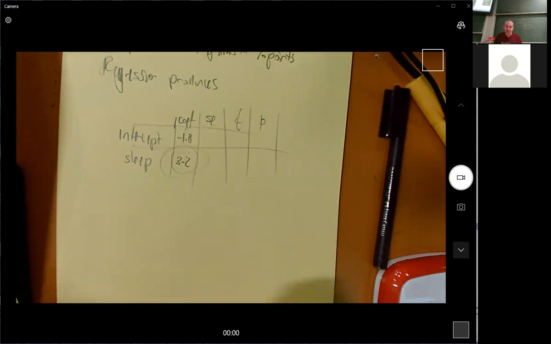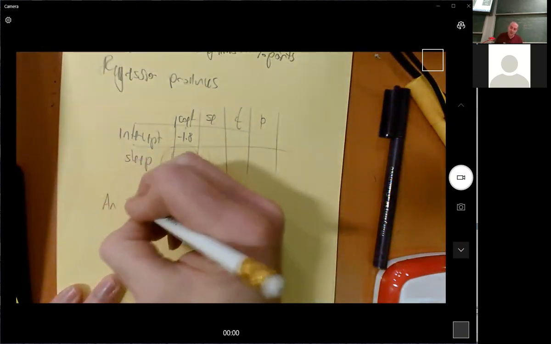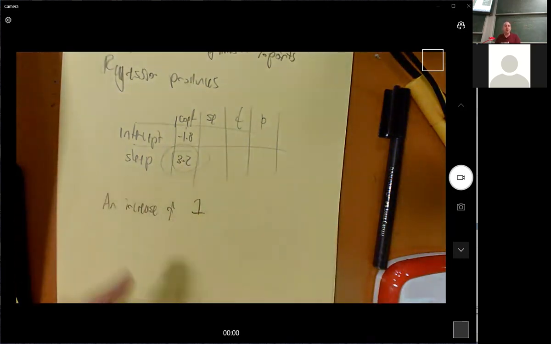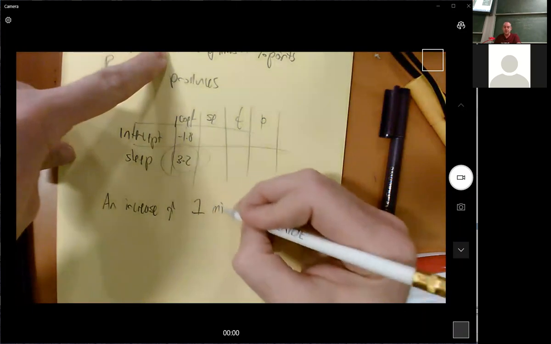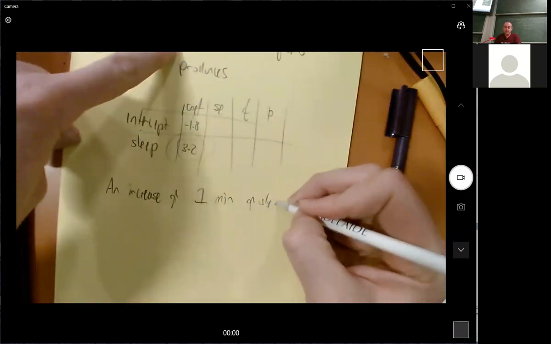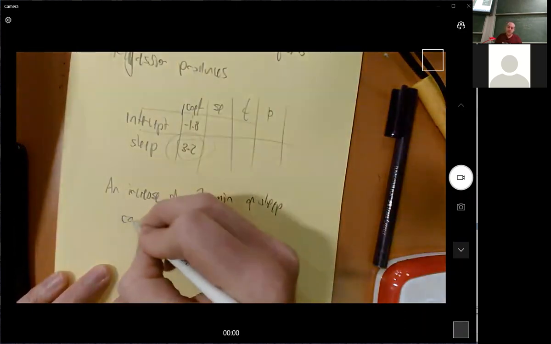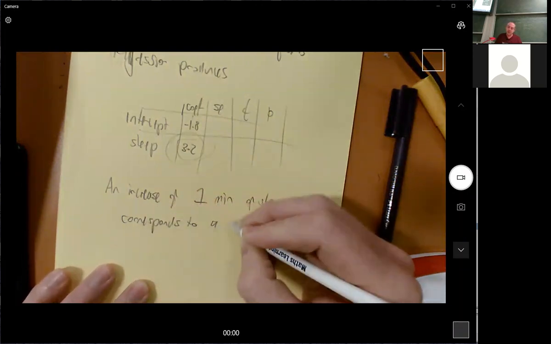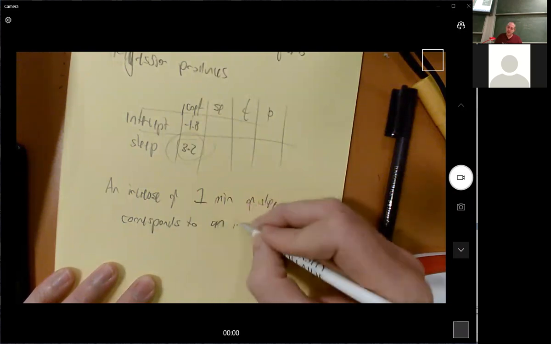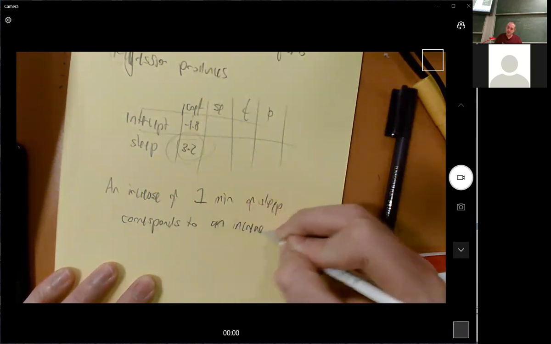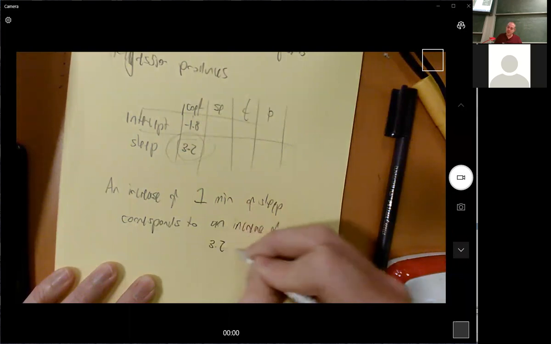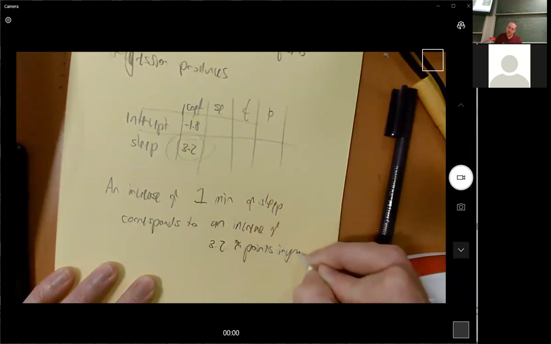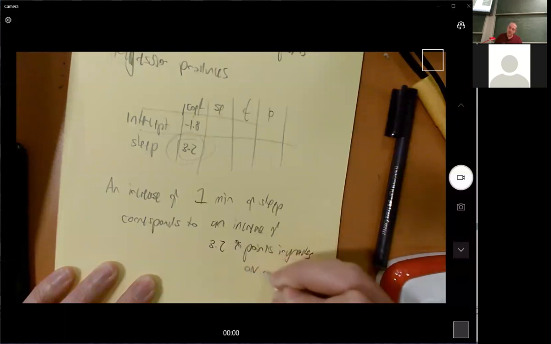But the way that you say it is that you say an increase of 1, and then go and find the units that the x is measured in, which is minutes of sleep, corresponds to an increase of 3.2 percentage points in grades on average.